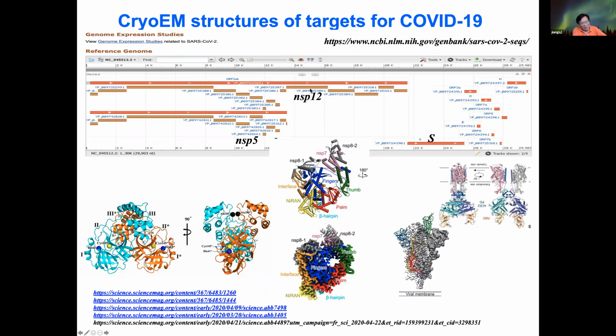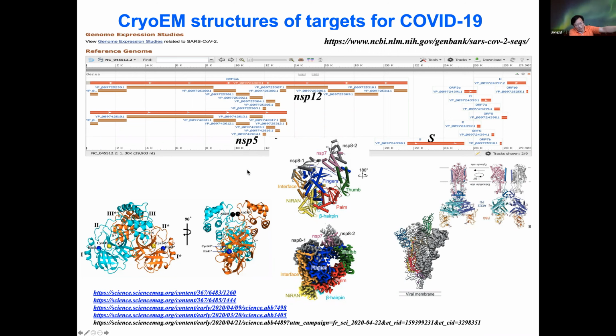The 3 main druggable targets are NSP5, non-structural protein 5, which is the main protease important for activating the virus before its cell entry. NSP12 is the polymerase, which is important for viral replication. S is the spike protein, which is important for the interaction of the virus with the cellular receptor.